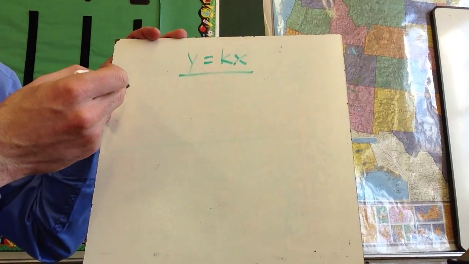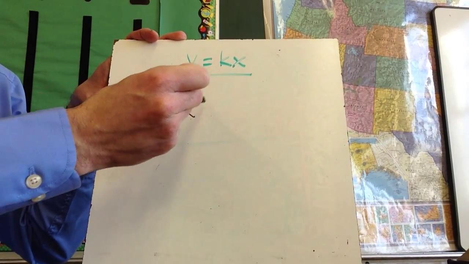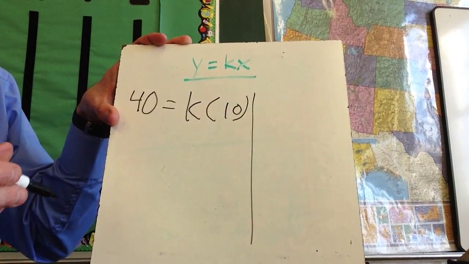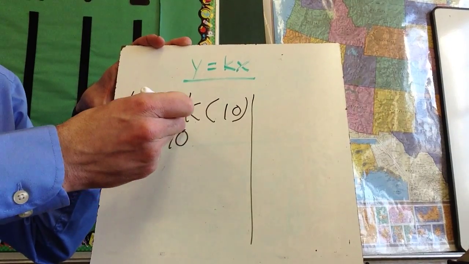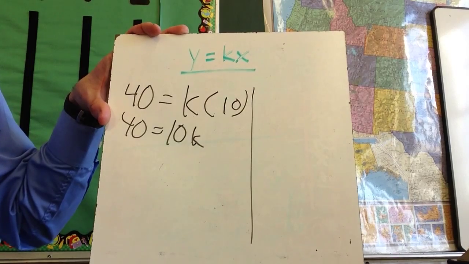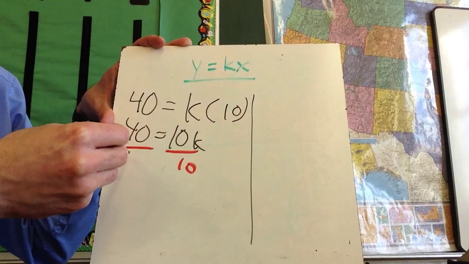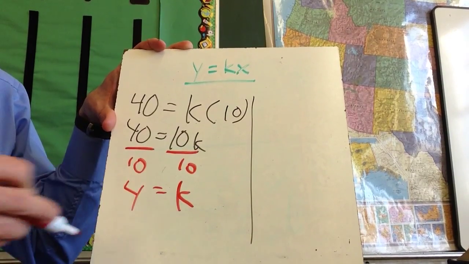I'm going to substitute 40 in for y, and I don't know what k is, but I'm going to substitute 10 in for x. And so I now have 40 equals 10k. I'm then going to divide by 10, and I've got k equals 4.